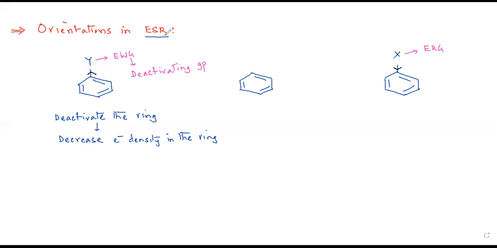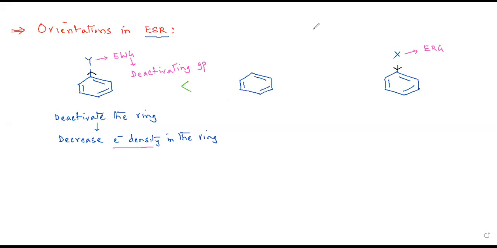So in this case, when the electron density in the ring is getting decreased because of the electron withdrawing group, generally the electrophiles do not approach. So when we see the order of reactivity, it will be this. It will be less when compared to the basic benzene ring.